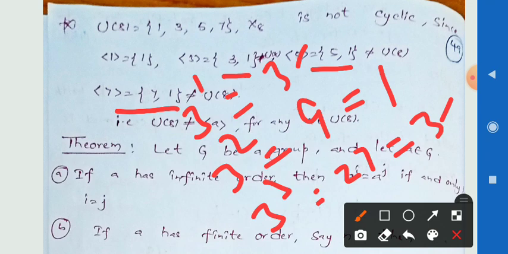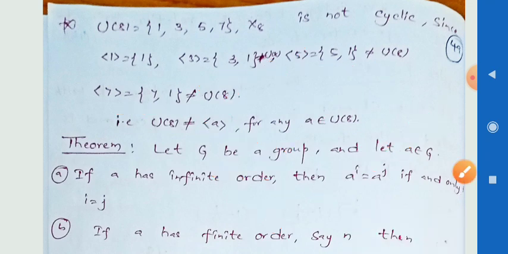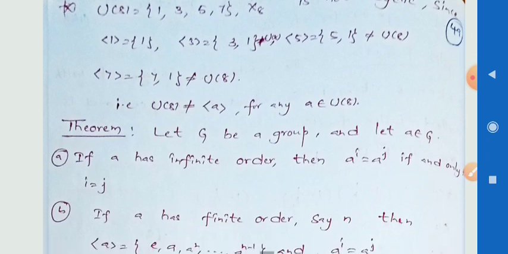Even generator 1 is not generating the whole set; 3, 5 and 7 are not generating the whole set, which is not equal to U of 8. Therefore in U of 8 no element is a generator, so it is not a cyclic group.